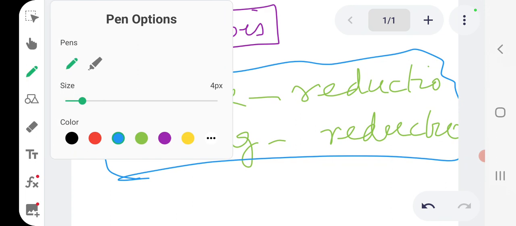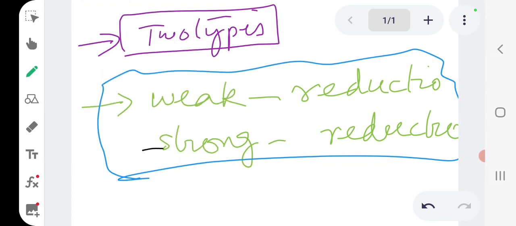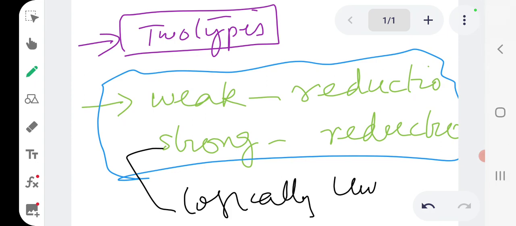Strong reductio makes your claim logically untenable. It's more like 1 + 1 = 3 or something like that.